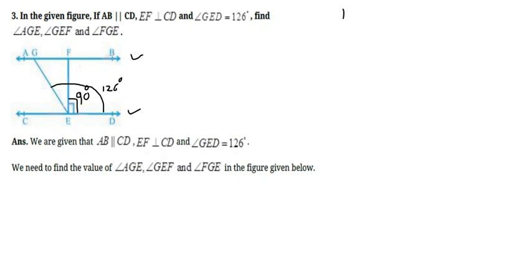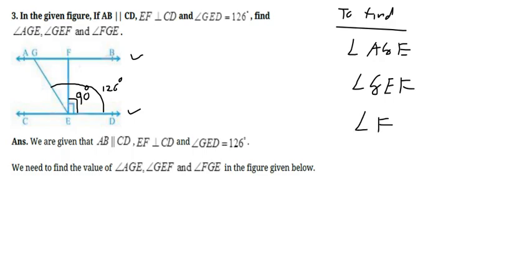What do you need to find? We need to find angle AGE, then angle GEF and angle FGE. So this whole angle is 126, and this is 90. So what will be this angle?